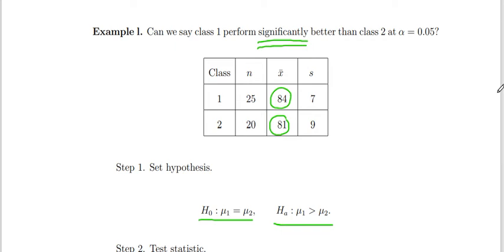So our decision is that we can believe these two classes' performance is quite the same. Can we say class 1 is better? No, we cannot say class 1 performs significantly badly. It looks bad, but not significantly.